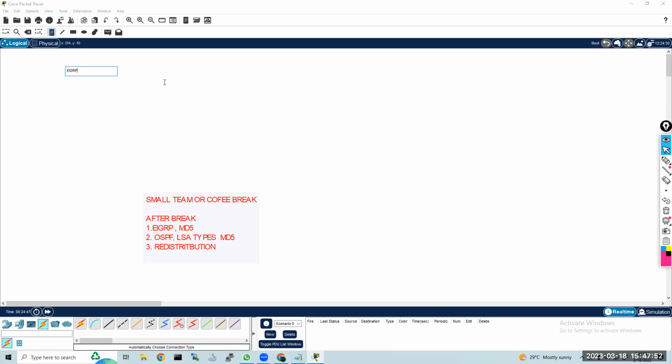Yes, perfect. It is an enhanced interior gateway routing protocol. It is Cisco proprietary, guys. Cisco proprietary means Cisco developed EIGRP. It is an advanced version of IGRP.